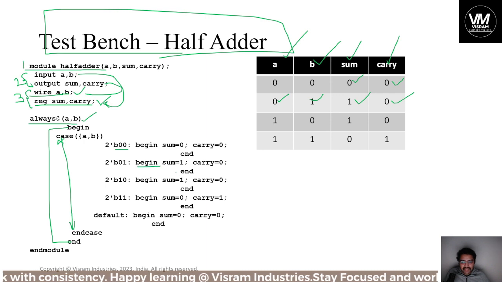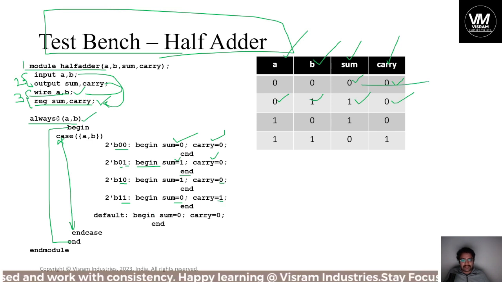We write begin and end inside the case statement because we have two statements. For 1 0, the same: sum will be 1 and carry will be 0. For 1 1, the sum will be 0 and carry will be 1. By default, sum and carry will be at the initial state, that is 0 0.